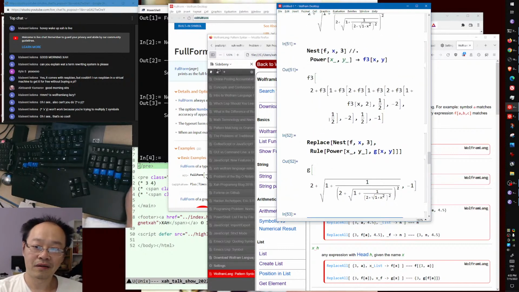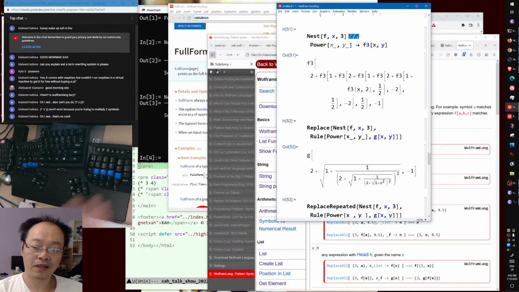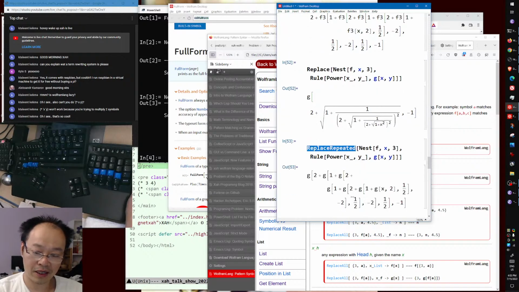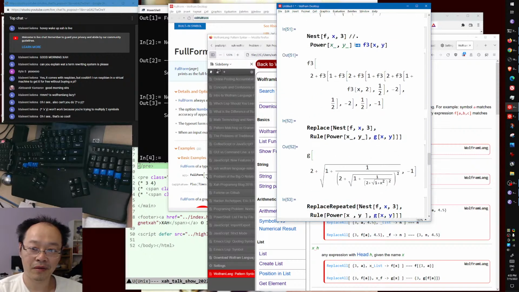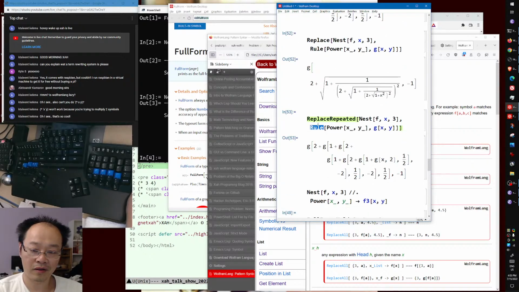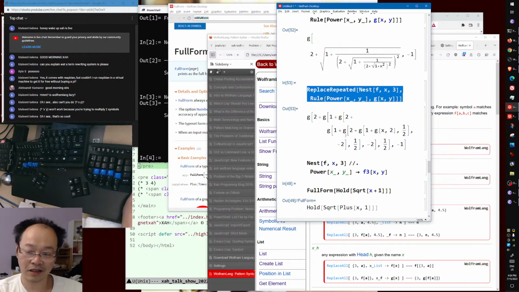By the way, if you are wondering what the slash dot and the arrow are, those are just syntactic shortcuts. Slash dot is a shortcut for replace repeated, and the arrow is a shortcut for the rule. If we use the full syntax, it's easier to understand.